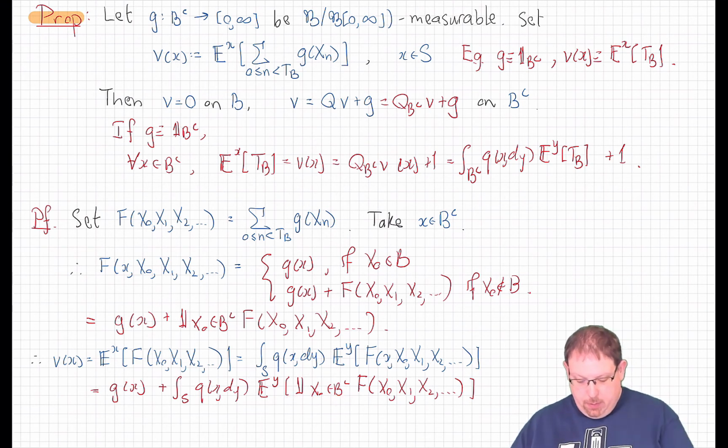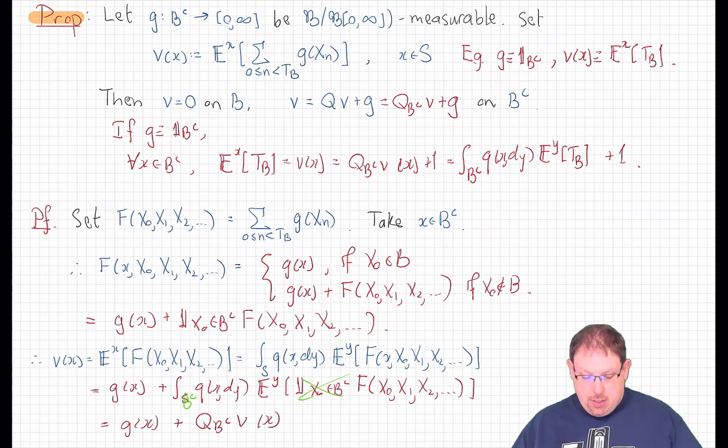And so since we're going to be substituting in y for x naught, if we start with a y that is in B, then this whole term here will just be 0. What that means is that we can forget about this and we just integrate over B complement. But we then see that since this is f of the original path here, that just amounts exactly to g of x plus q restricted to B complement of the function v at x.